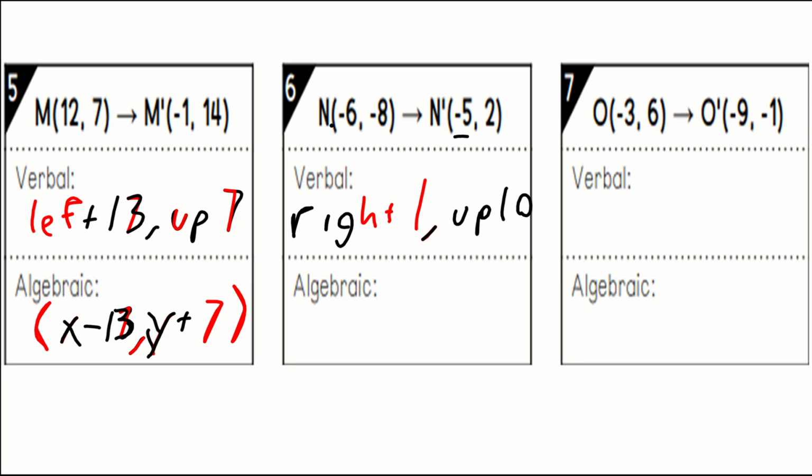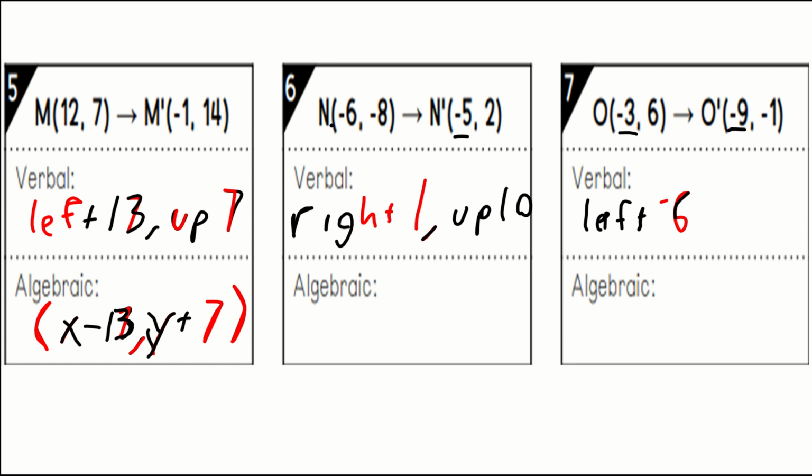Not quite. X value is good. No? Yeah, we got left 6. We go from -3 to -9, so that's decreasing by 6.